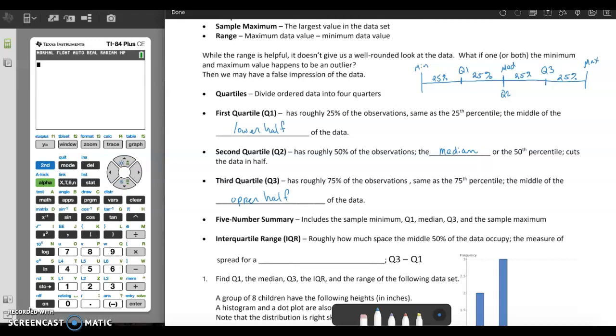It's the measure of spread for a skewed data set. And to calculate it, you take Q3 minus Q1. So the IQR is basically right here. It's that middle 50% of your data. And if you know where Q3 and Q1 are located, you can just subtract those to figure out where that is.